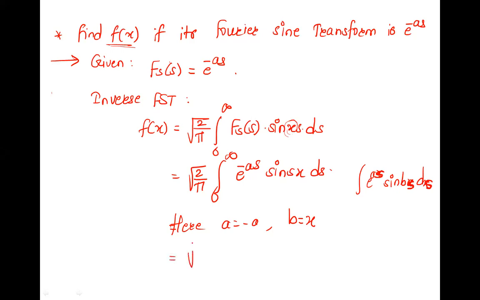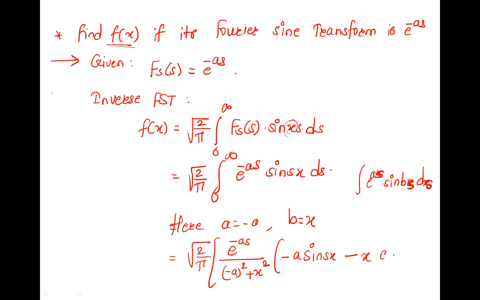So it becomes root 2 by pi, e raised to minus as upon a square plus b square, where a is minus a, b is x, into a is minus a, into sin sx, minus b is x, into cos sx, and this is from 0 to infinity.